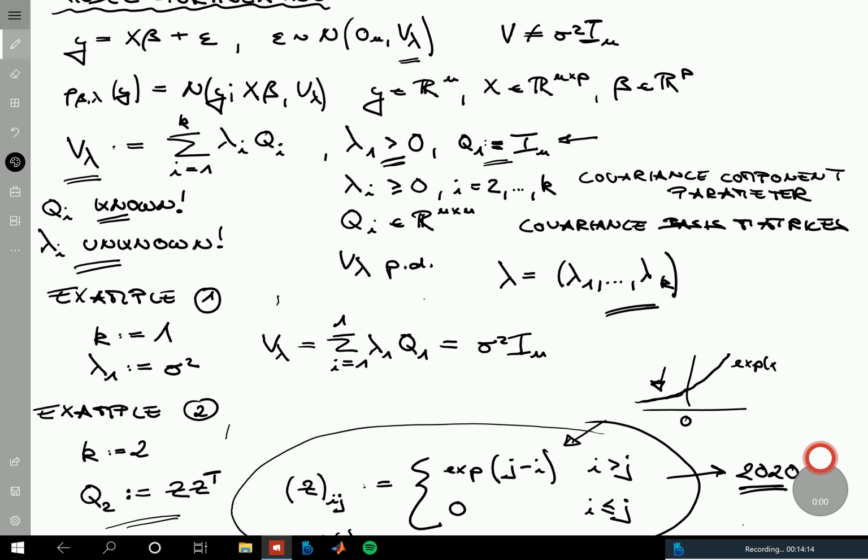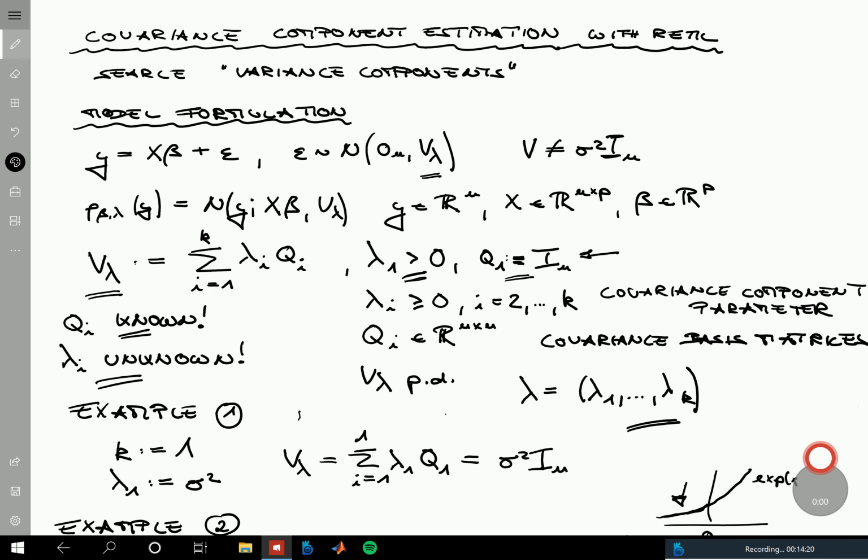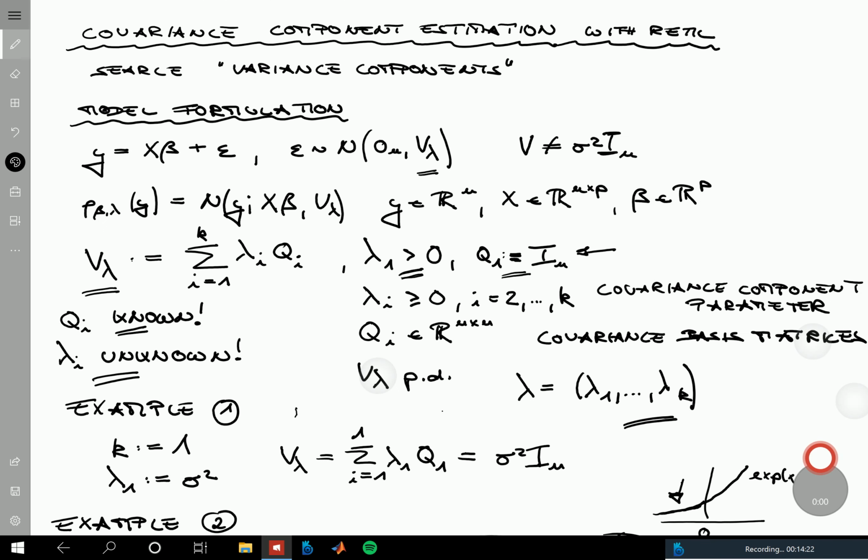So these are now free parameters of the GLM that we are interested in. So this is the model formulation for covariance component estimation. Again, the most important thing is that we now have a sum of covariance components. The sum is given by a linear combination of these lambda terms times the basis matrices. The basis matrices we know.